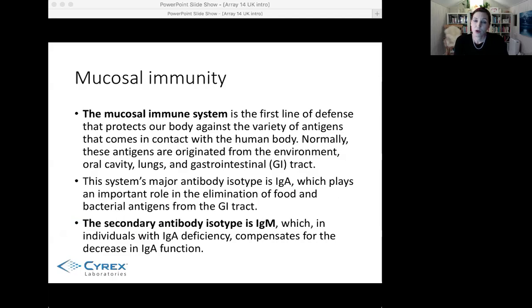If IgA becomes insufficient for any reason, then IgM can step in and compensate for the decrease in IgA function. This is slightly different from the systemic immune system, where IgM is the first responder, the big mama of the internal immune system, and then IgA comes up second if IgM isn't able to take care of whatever the antigen is. In the mucosal immune system, IgM is supporting IgA; it plays a supportive role.